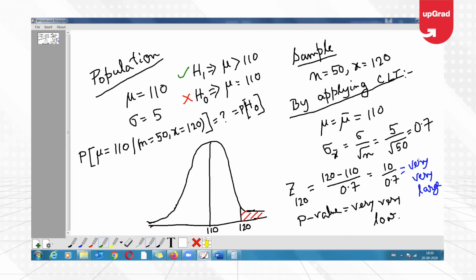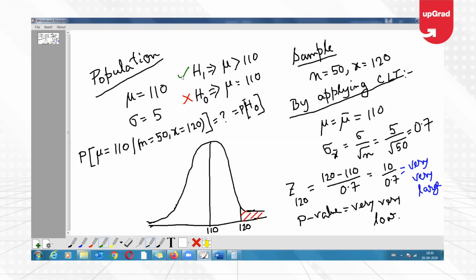A z-score of about 14 gives a very, very low p-value. So we can comfortably reject this null hypothesis and accept the alternate hypothesis, that there is hardly any chance that the average IQ of the kids in the school is less than or equal to 110. It has to be greater than that.